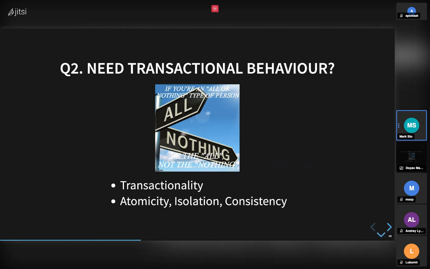We leave the last one explicitly not mentioned here. So, atomicity: an operation either fully applies all its changes to the state or applies none. So there are no partially applied operations. It's all or nothing.